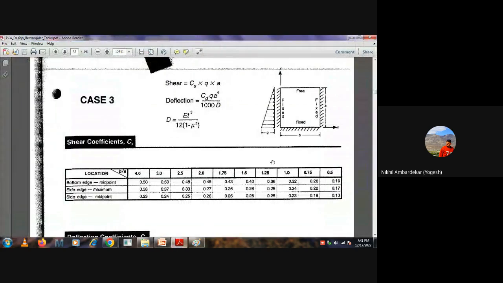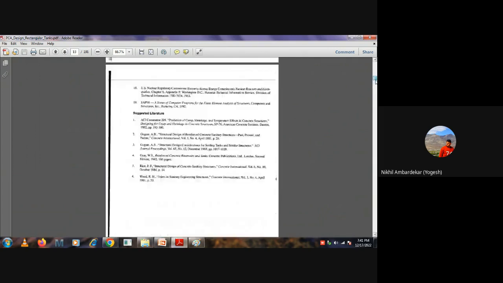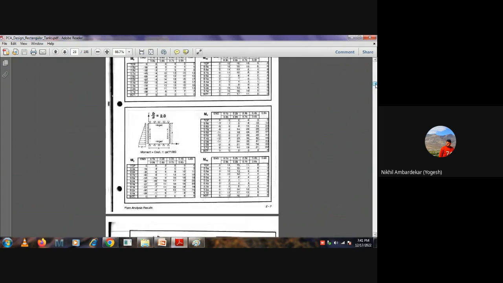Again, how to calculate surcharge? Is it okay to use this formula? Use this coefficient to find out surcharge? No, no, rectangular. Yes. So again, go back to your load case diagram. I think load case 8.